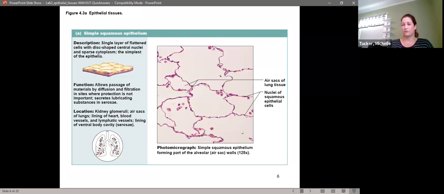You need to know general functions. So you need to know that a simple epithelium would be a great tissue for absorption and diffusion, and that a stratified epithelium could be used in protection. So general categories are helpful. When we get to connective tissues, we'll talk about the function of collagen fibers and elastic fibers, but nothing terribly specific. So just general categories of function.